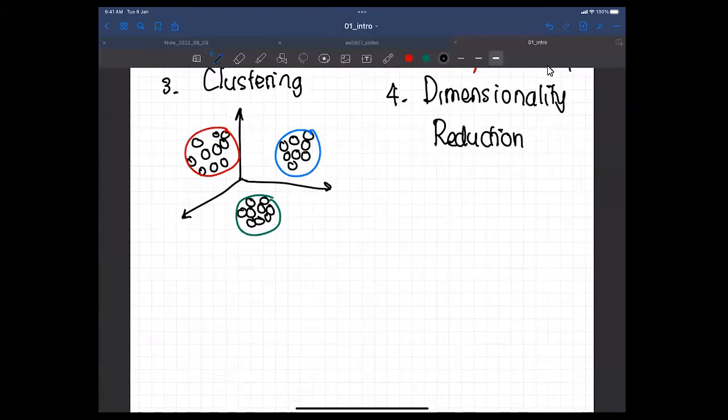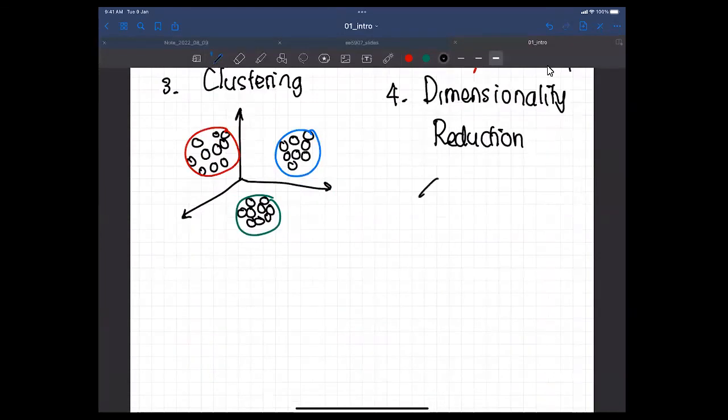The meaning of this is that assume you have data that lives in a very high dimensionality. Because it is difficult to draw more than 3 dimensions, I just assume that my high-dimensional data here is in 3-dimensional space.